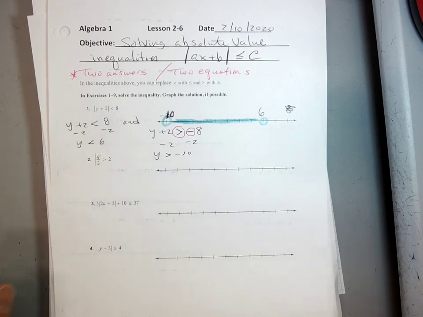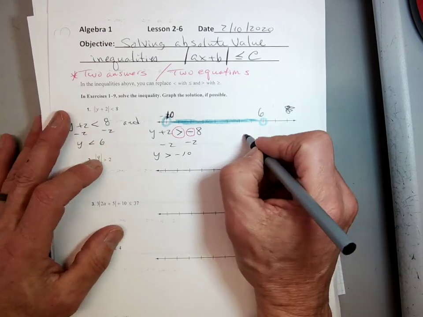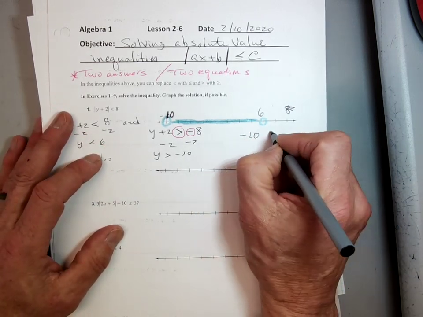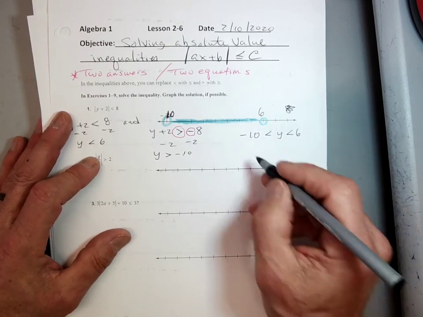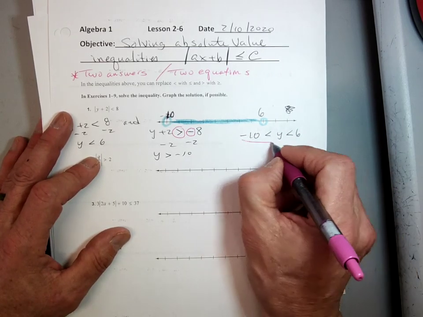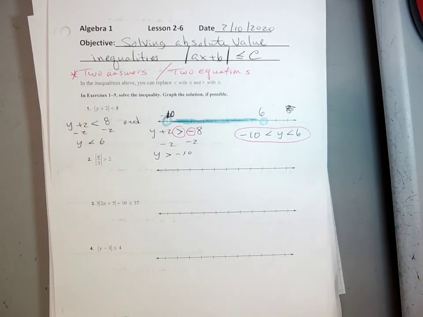If I write the answer as a compound inequality, I would really like you guys to write like this. Negative 10 is less than y, which is less than 6. That's the answer I like the best, as a compound inequality. Okay? All right, that was a pretty simple one.